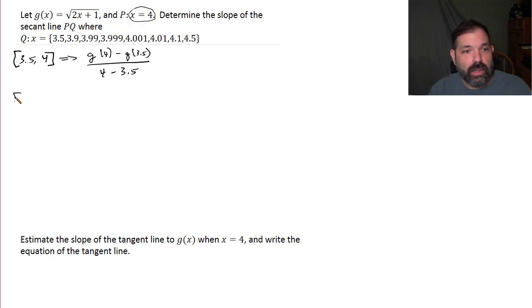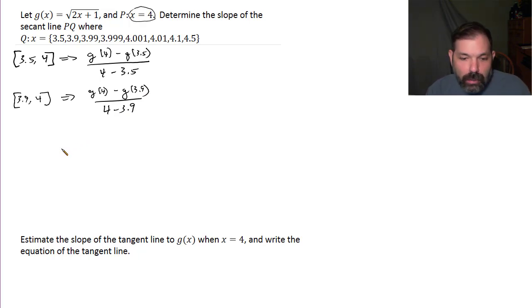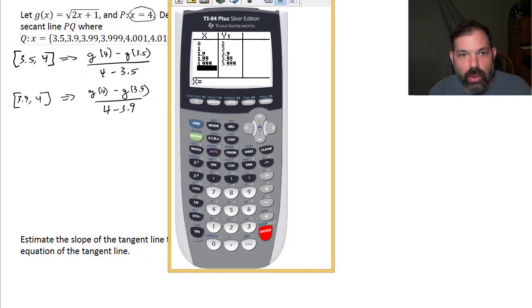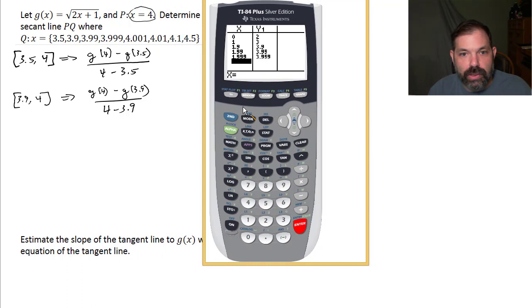So then the next one's going to be 3.9 to 4. And so then I'd have g of 4 minus g of 3.9 over 4 minus 3.9. Again, this is going to be kind of messy. But I can do this on the calculator as long as I have some understanding of what's going on here.